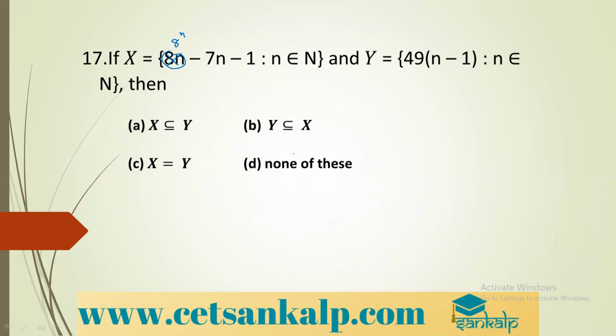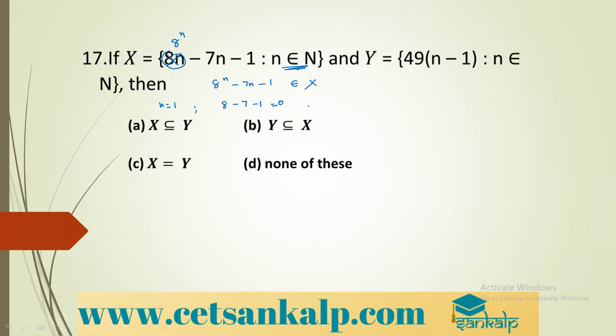So what will I take? First, I will take the elements of the set X: 8 power n minus 7n minus 1. These elements belong to the set X. If I take n equal to 1, because n is a natural number, what will I have? 8 minus 7 minus 1, which will be 0.